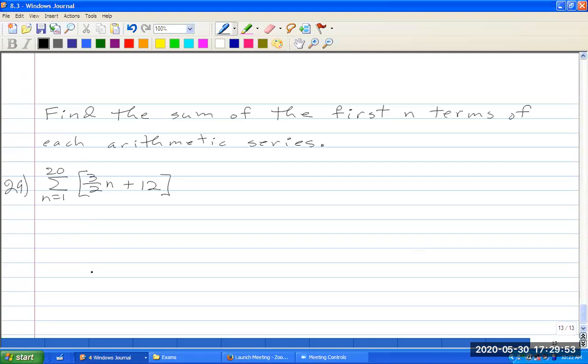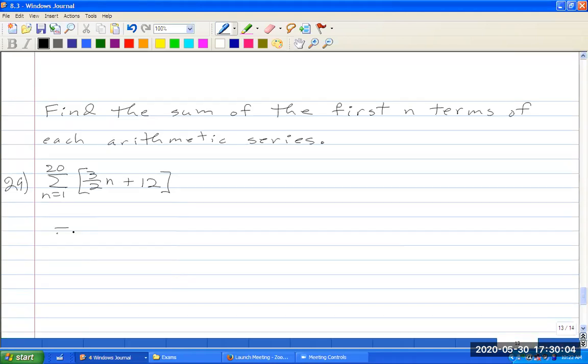Find the sum of the first n terms of each arithmetic series. So this is equal to, using the linearity of summation, 3/2 times the sum n equals 1 to 20 of n plus the sum n equals 1 to 20 of 12.